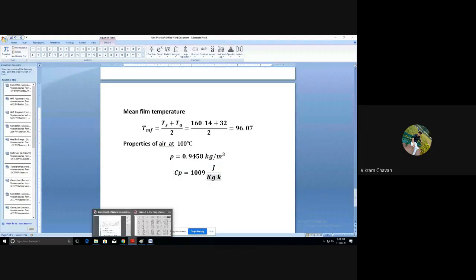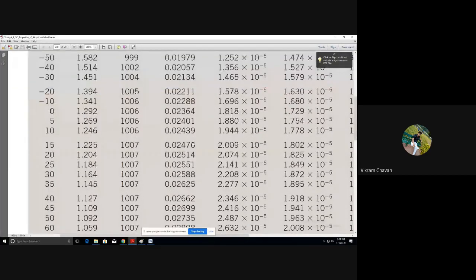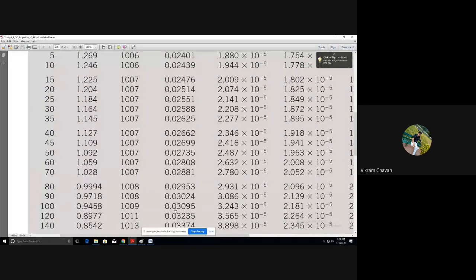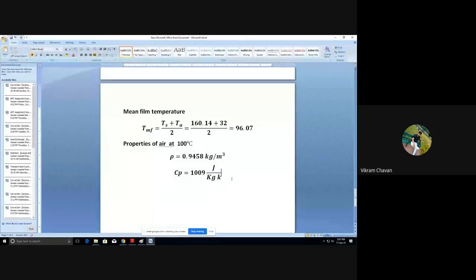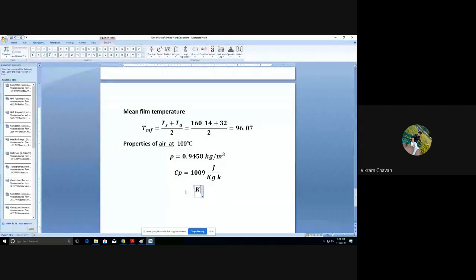Now next, the third column, thermal conductivity, K. For 100 degrees Celsius, K is 0.03095 watt per meter Kelvin.